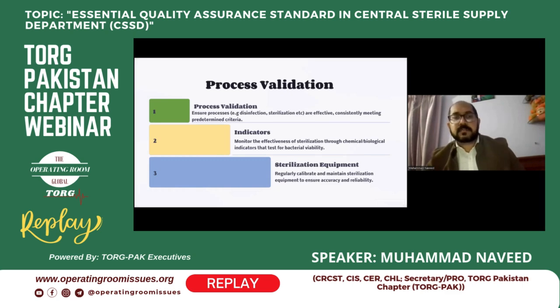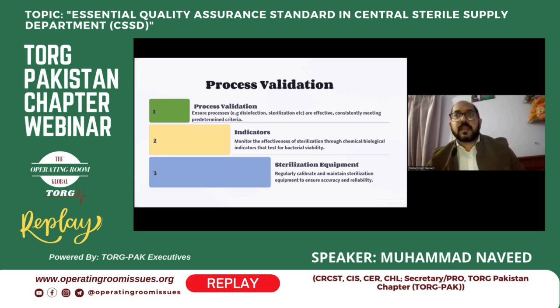So the three basic aims of quality assurance in our CSSD are process validation, indicators, and sterilization equipment. First is process validation. The machines we use in our CSSD, like disinfectors, sterilizers, ultrasonic cleaners, different sealing machines, papers, and packing materials, should be validated.